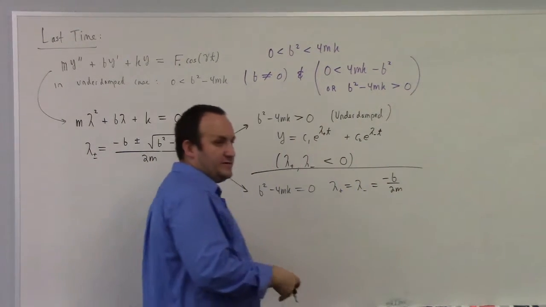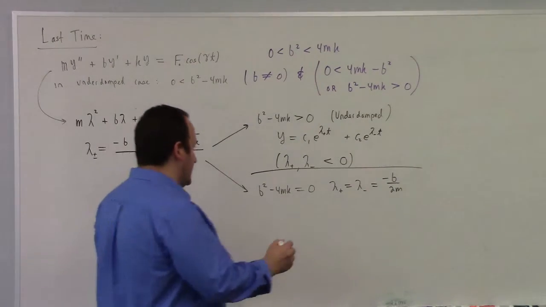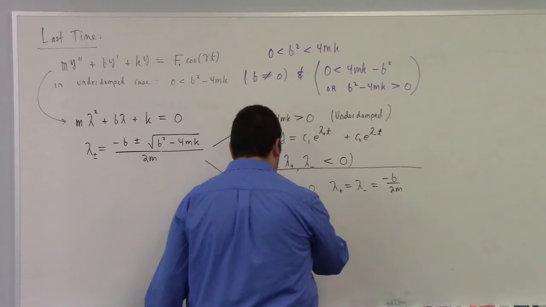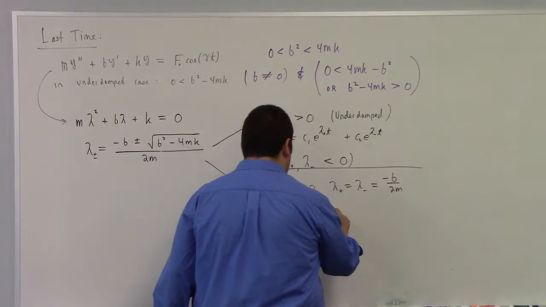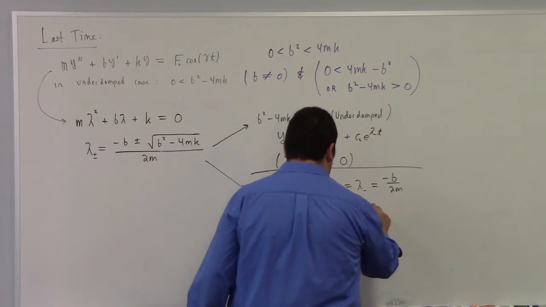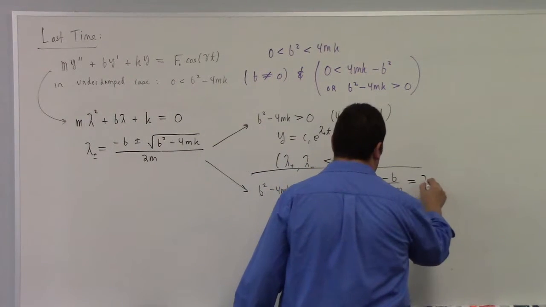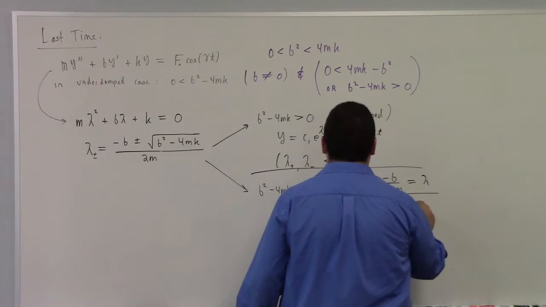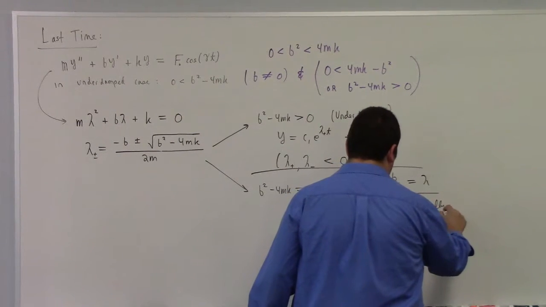When the discriminant is 0, you just have a repeated root of minus b over 2m in this case. And so the solution actually would look like y equals c1 e to the lambda t plus c2 t e to the lambda t, where, again, this is the lambda up here, right? This is called critically damped.